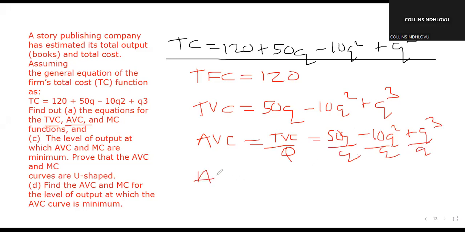So what becomes our average variable cost? 50 minus what? 10Q minus what? Q3. Not Q3, but Q2. So that becomes our average variable cost. Okay. Are we together?